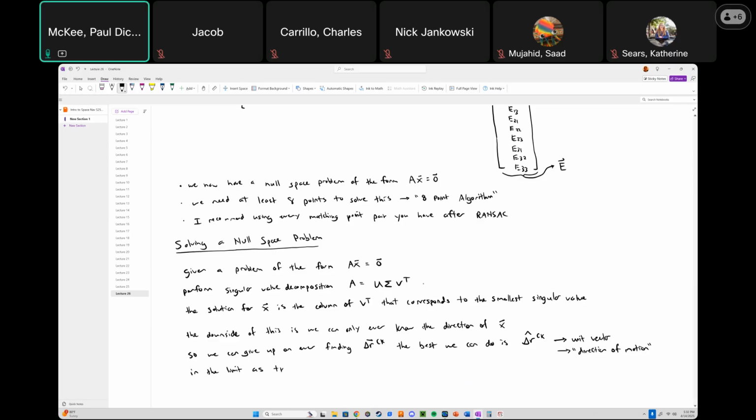In the limit, as tk minus 1, which is just delta t, goes to 0, then this, not delta c, this delta r hat ck becomes the velocity direction, or what's known as the heading.